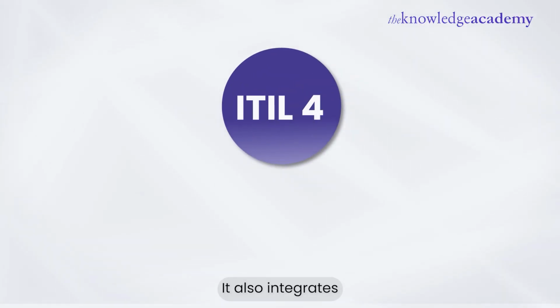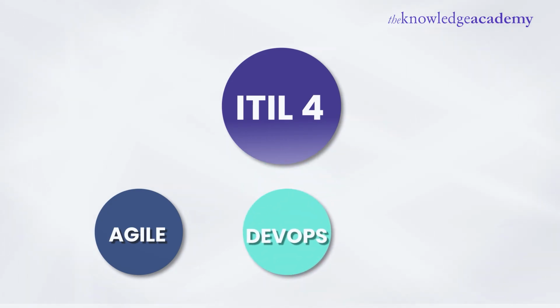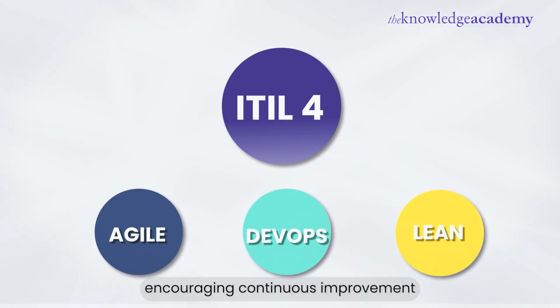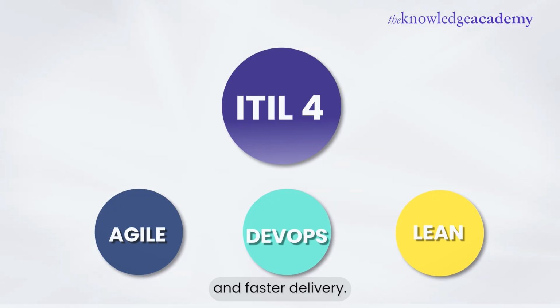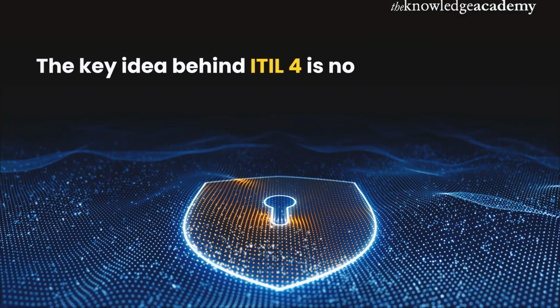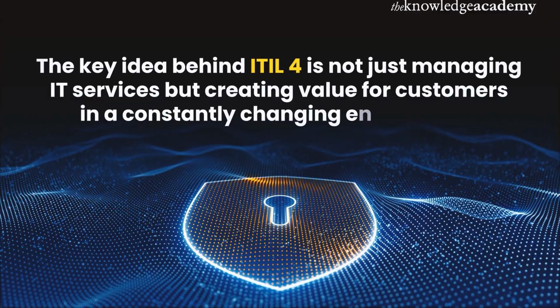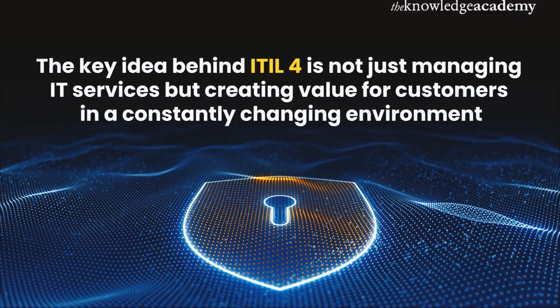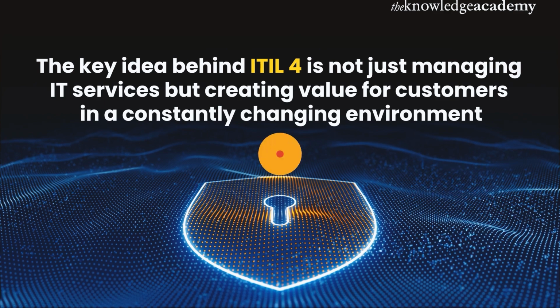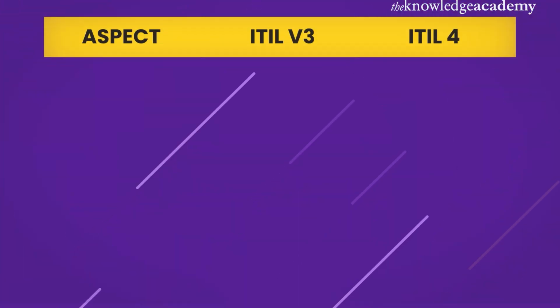It also integrates principles from Agile, DevOps, and Lean, encouraging continuous improvement and faster delivery. The key idea behind ITIL 4 is not just managing IT services, but creating value for customers in a constantly changing environment. Now let's talk about the main differences between the two.